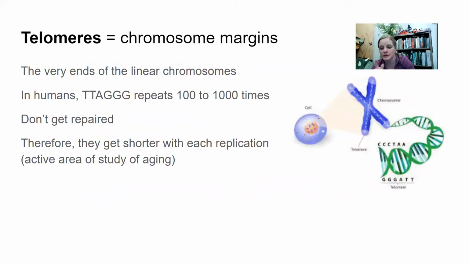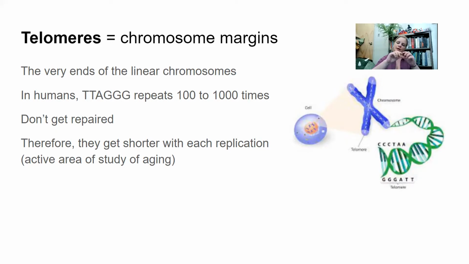Okay, and so I hinted at this before. Telomeres are basically the margins of the chromosomes. These are the very ends of the chromosomes that don't get copied during DNA replication.